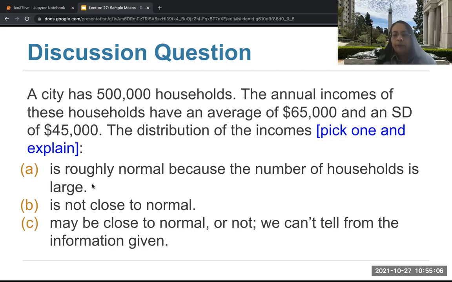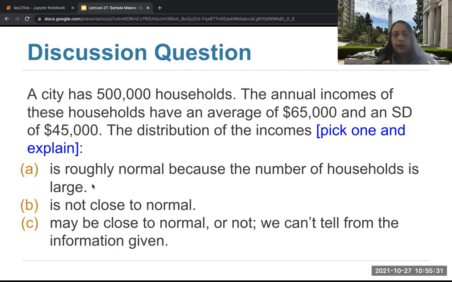I suddenly have negative incomes. And that really bothers me. So I don't think it's possible for incomes to have a distribution that is normal with these two numbers. So I think in this case, the better answer is B.